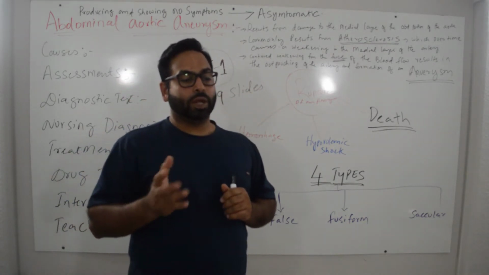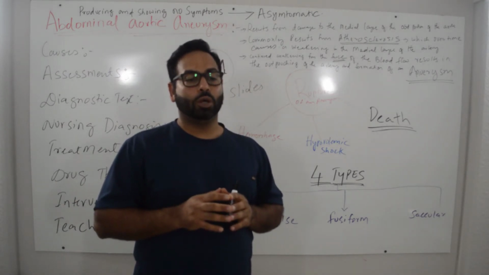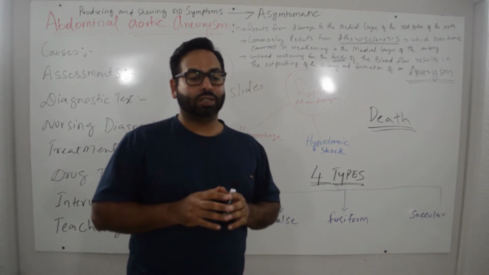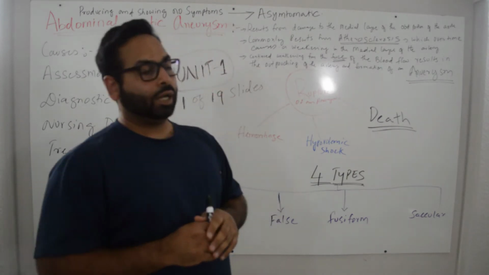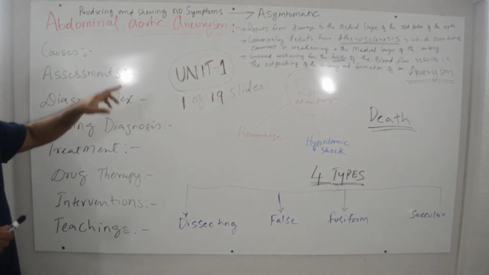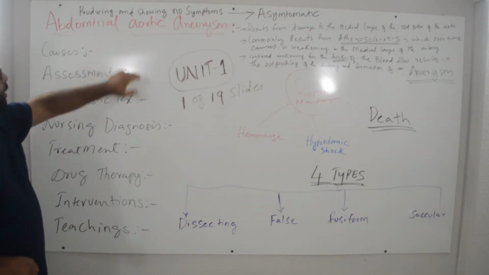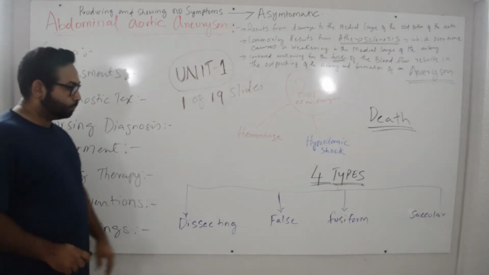So I created a review, I completed it, and I have posted it on my Facebook group, RN Coaching, which has 35 units, and it's a PowerPoint workbook, and the slides basically have this same concept. It states the disease, and then it states all of these sub categories. What are the causes, assessments, diagnostic tests, nursing diagnosis, what are the treatments, what is the drug therapy for it, what are the interventions and teachings.